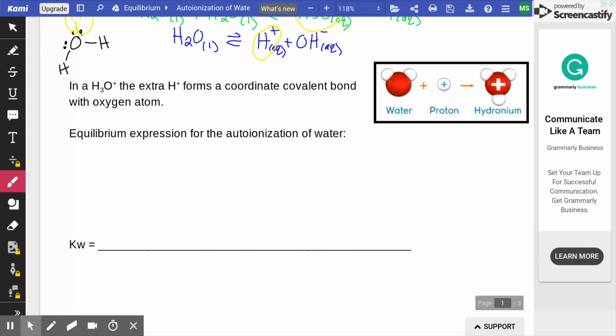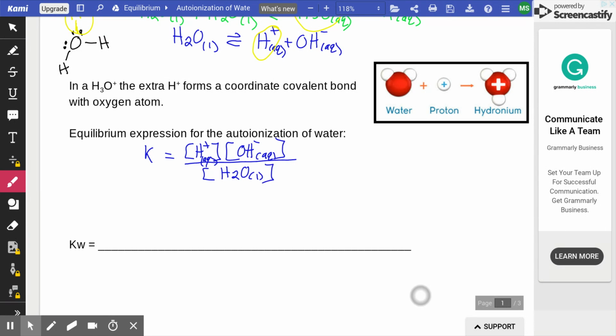Because this is an equilibrium, we can apply the equilibrium law for the autoionization of water. And it will look something like this. Our K is going to equal the concentration of the hydrogen ion, aq, times the concentration of the hydroxide ion, aq, divided by the concentration of our liquid water.